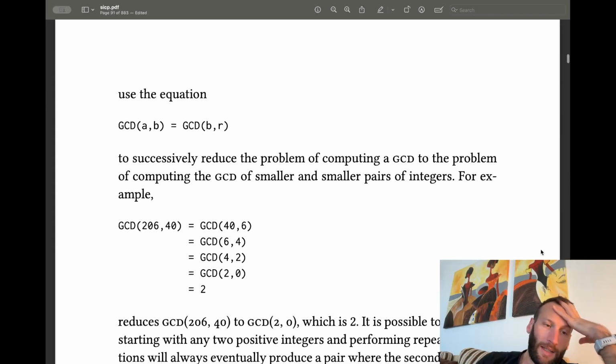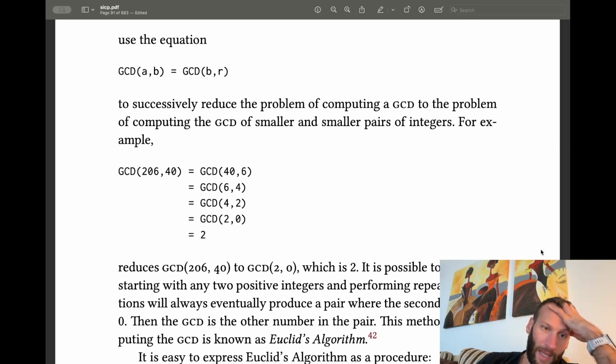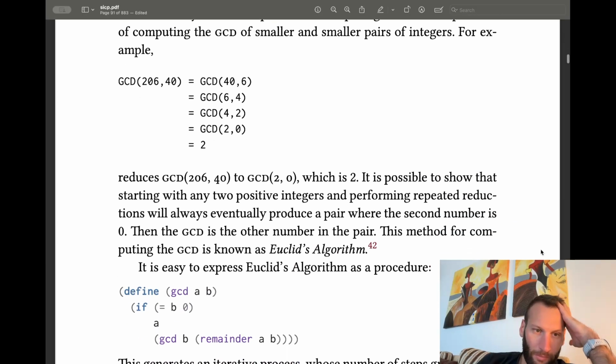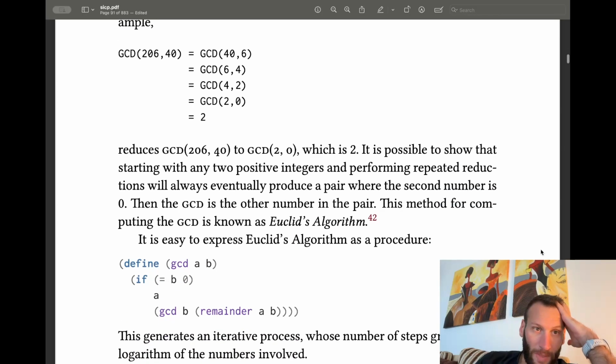For example, here we have the example of GCD of the pair 206 and 40, and we can see how the number 2 is found through a couple of iterations, or I should say recursions. Because basically GCD of 206 and 40 can be reduced to the GCD of 2 and 0, which is 2.